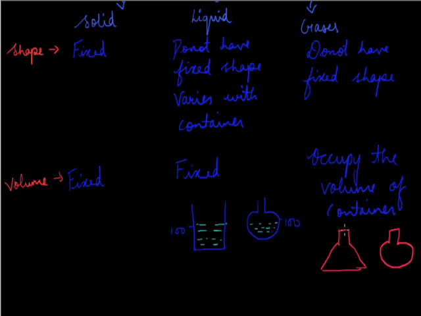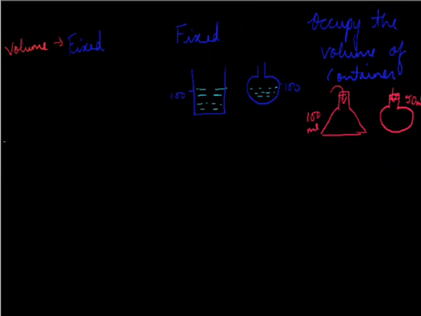Now both of them are covered. This has a capacity of 100 ml whereas this has a capacity of 50 ml. The same amount of gas when put in this will have a volume of 100 ml, and when added in this, it will have a volume of 50 ml. So we can say that they do not have a fixed volume, their volume changes with the container. Okay. Now the next property we are going to discuss is the density.